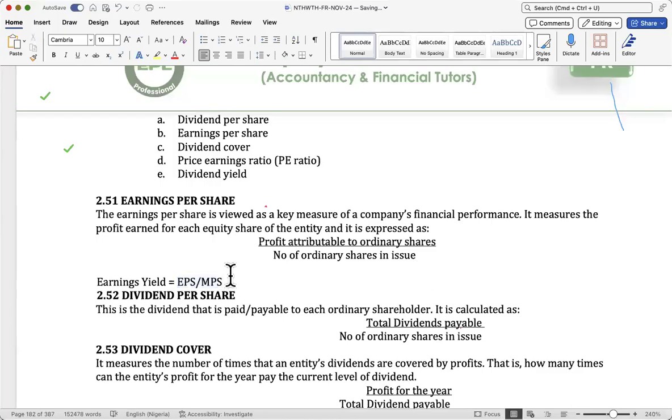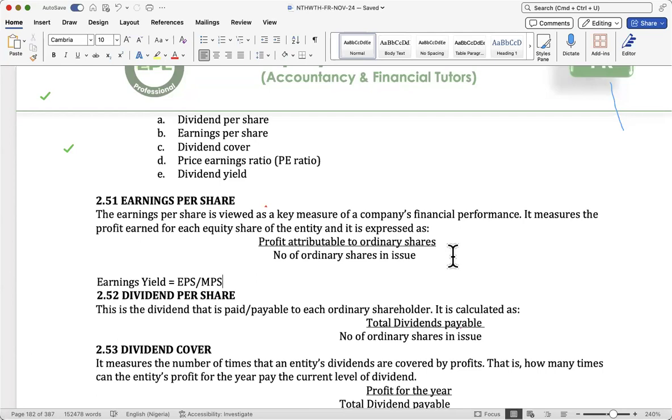Because it's not just enough for you to say, okay, in a year, let's say company A is giving earnings per share of 2 naira, and company B is giving 4 naira. Of course, in terms of earnings per share, we'll be quick to say that company B is better because it's giving 4 naira.